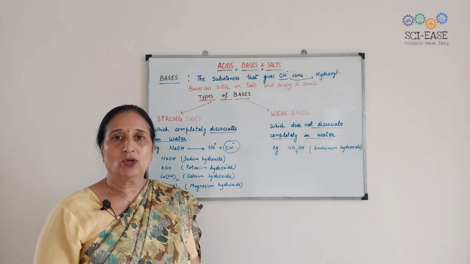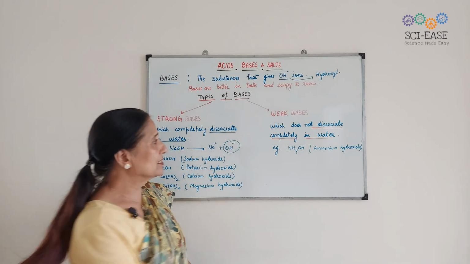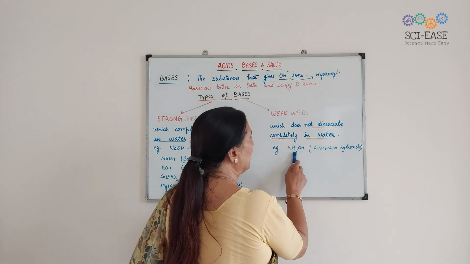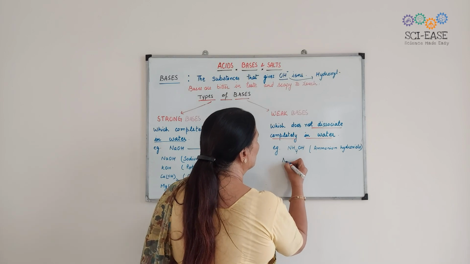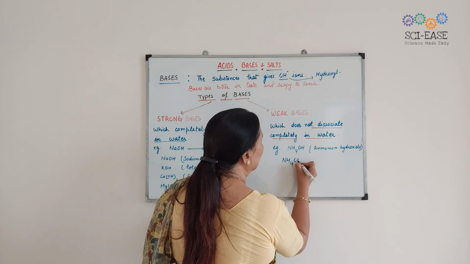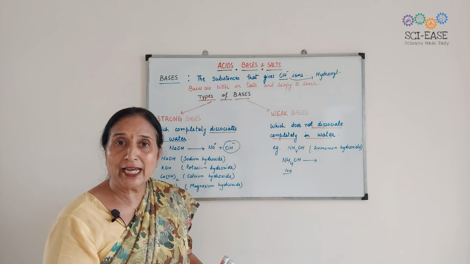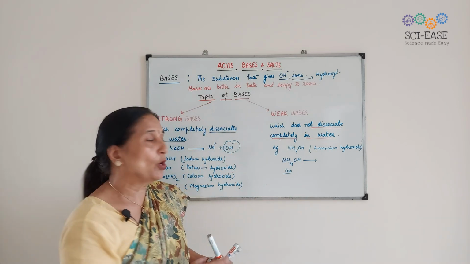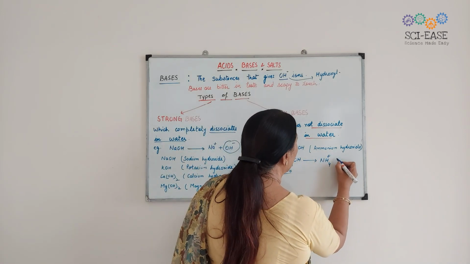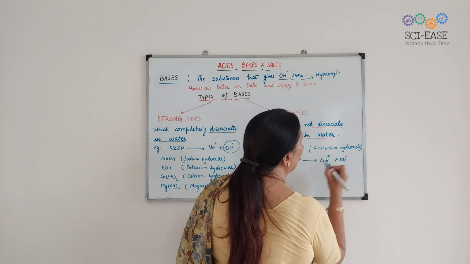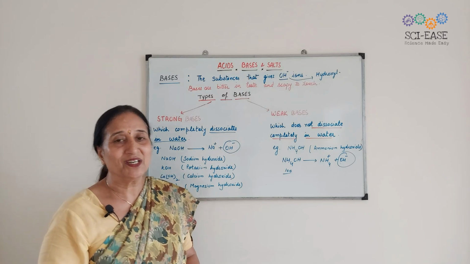An example of a weak base is ammonium hydroxide, NH4OH. When the dissociation of ammonium hydroxide takes place, if we have 100 molecules of ammonium hydroxide, only 50 or 60 molecules will be changed into ammonium NH4 positive plus OH negative ions. Because it's liberating OH negative ion, that is why it is a base.